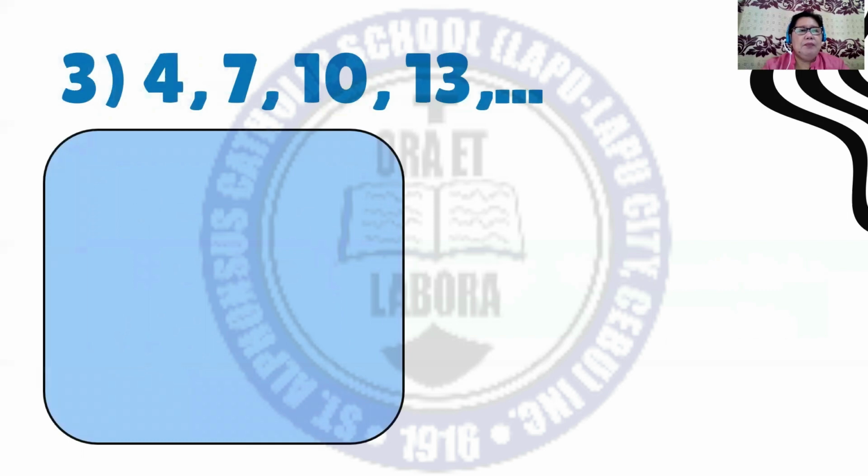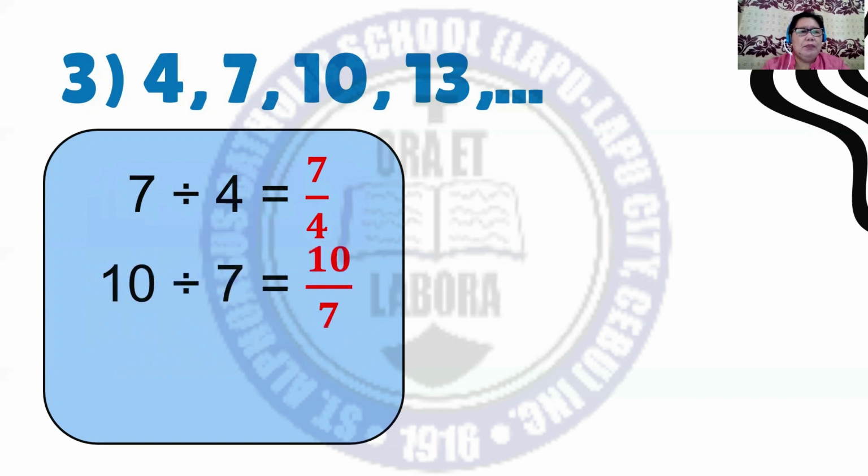Number 3, given 4, 7, 10, and 13. Dividing 7 by 4, the answer is 7 over 4. 10 divided by 7 is equal to 10 over 7. 13 divided by 10, the answer is 13 over 10.